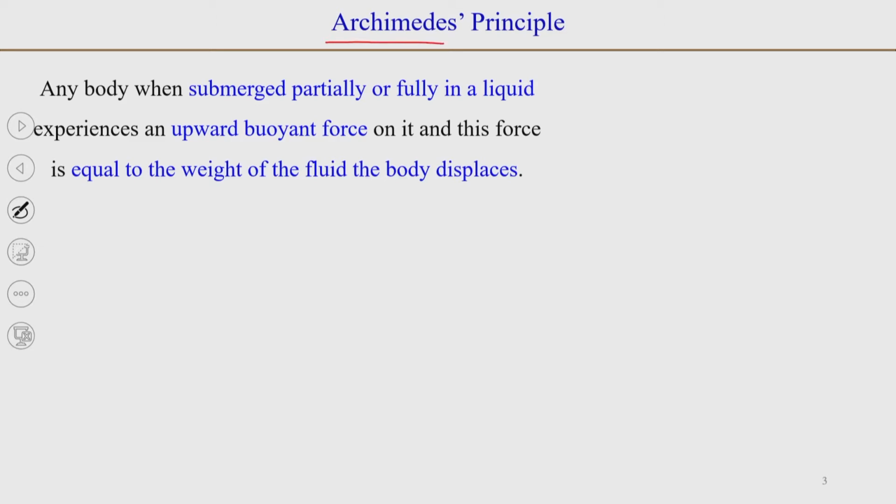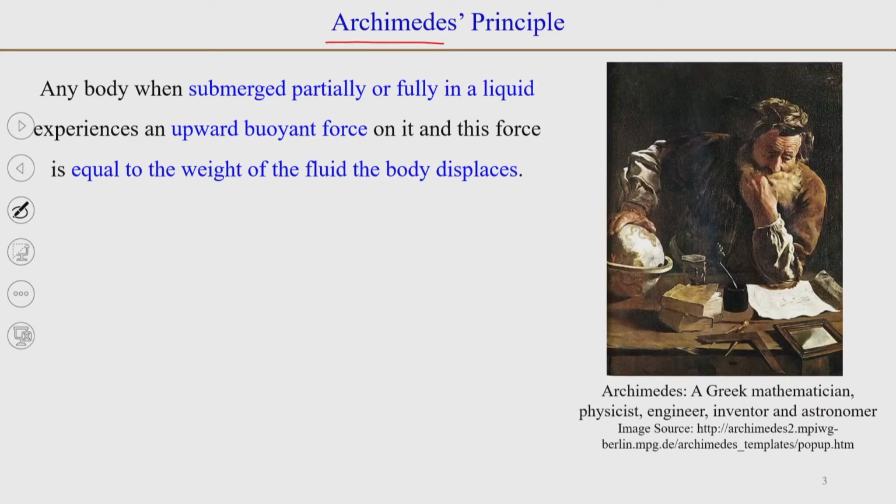So, Archimedes was a Greek mathematician, physicist, engineer, inventor and astronomer. He developed a number of concepts in mathematics, and the most famous work of Archimedes is what we know as Archimedes principle, and that is about buoyancy.